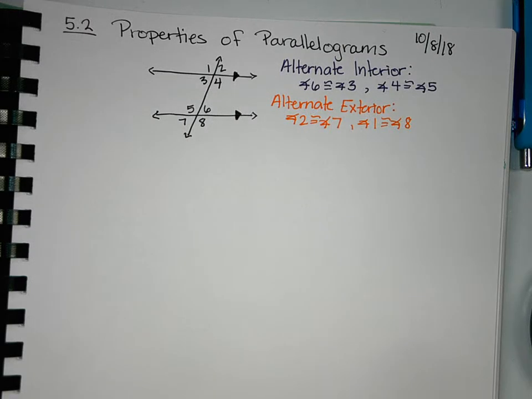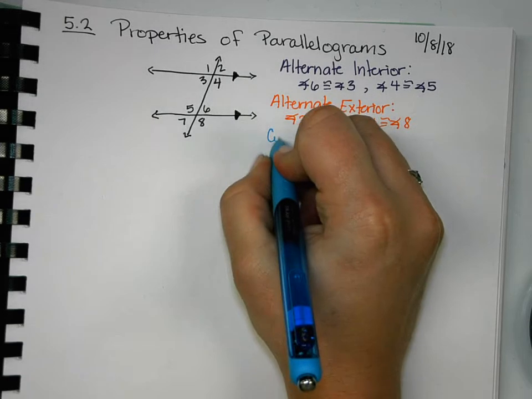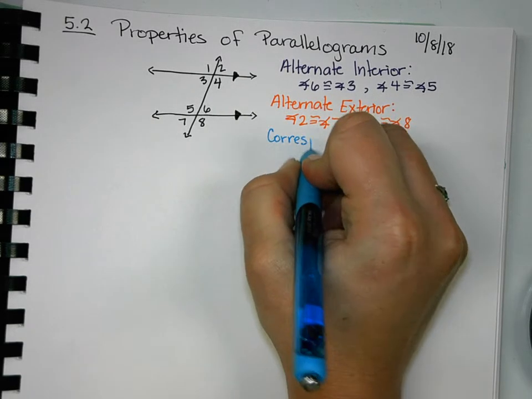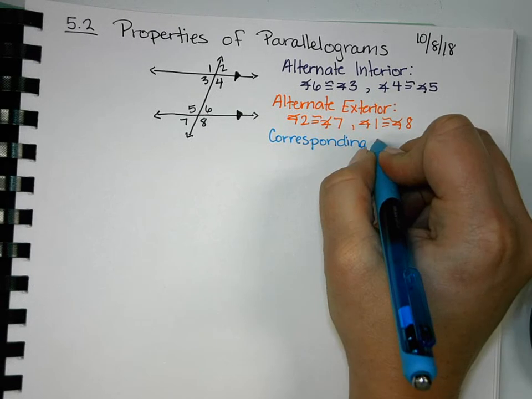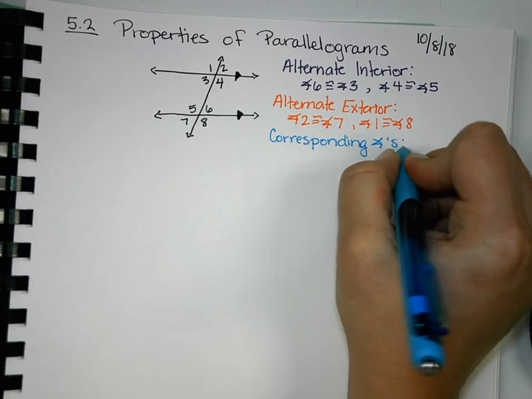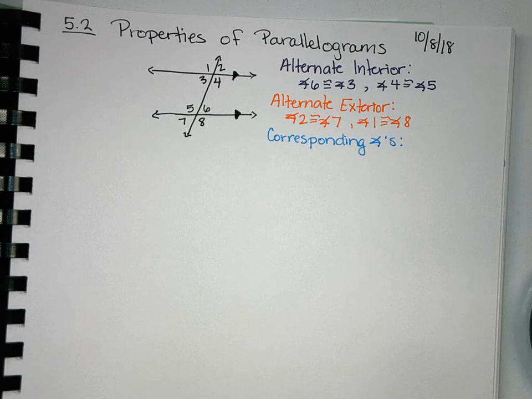Can anyone remember another type of angles that we have with parallel lines? We have corresponding. So let's see, who can give me an example of corresponding angles? Angle 2 and angle 6.